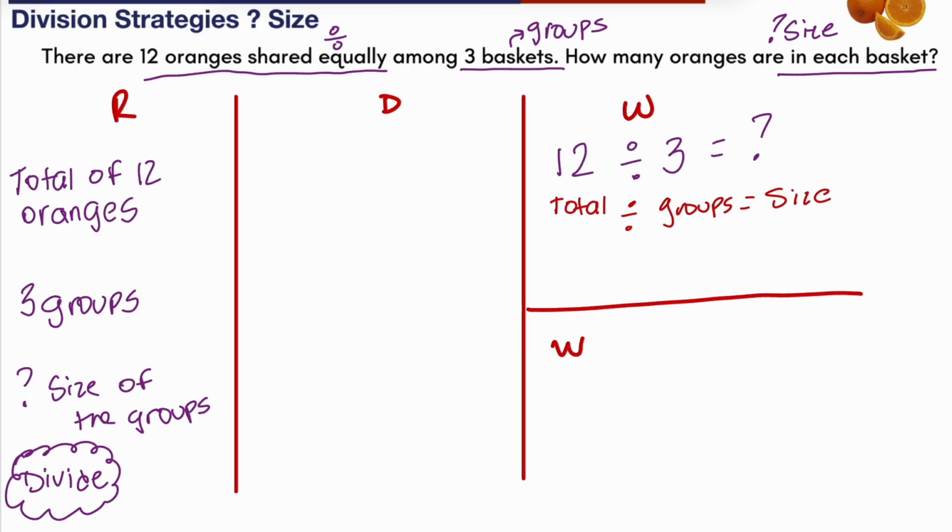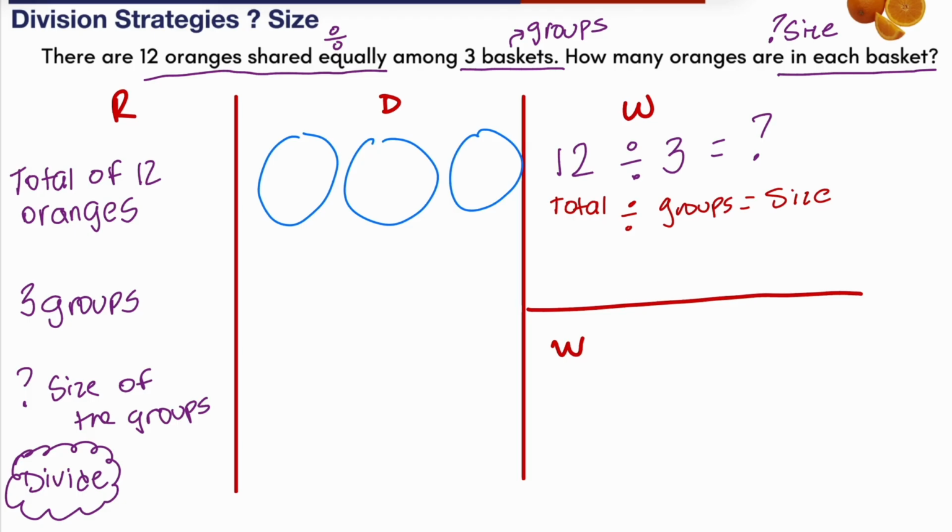All right. Now let's go ahead and solve this. I'm going to use 2 different strategies to help you solve this type of problem. And I'm going to start with equal groups. So I know that I have 3 groups. So I'm going to draw 3 groups. 1, 2, 3. Instead of putting 12 in each, I'm going to put 1 in each until I get to 12.